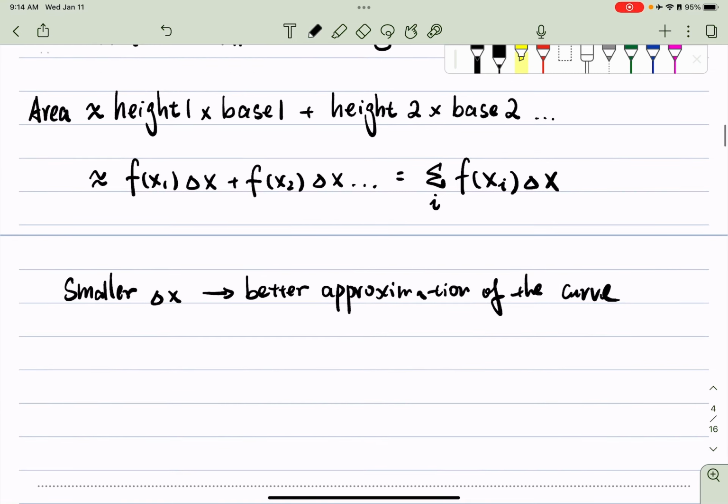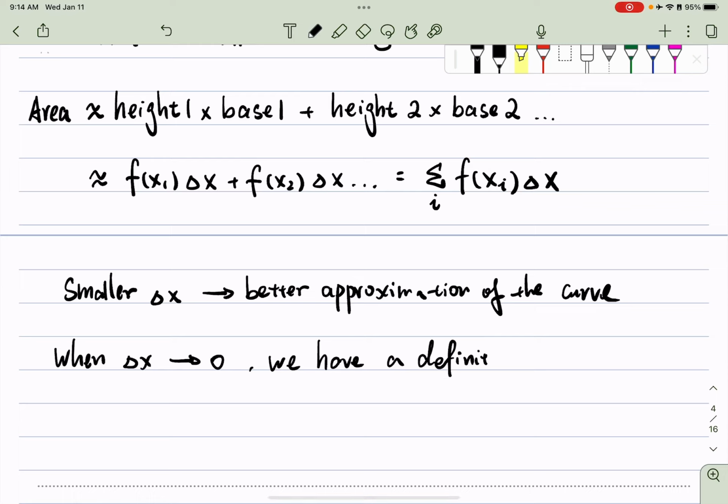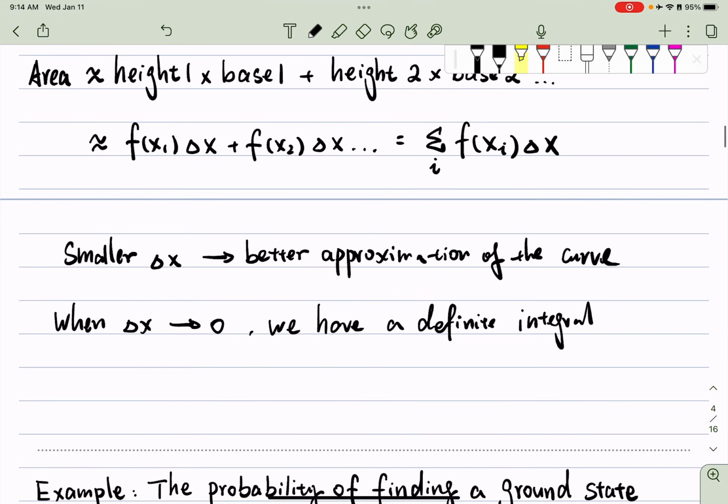Or if we put it more strictly speaking, when delta x approaches 0, we now have a definite integral. So what we have is the area under the curve from x1 to x2.